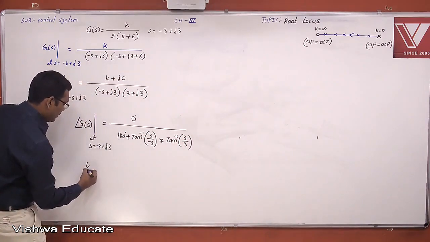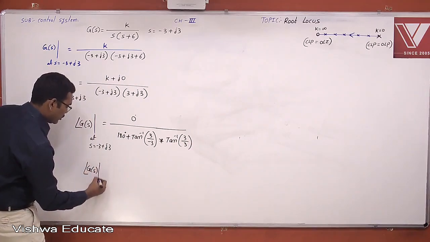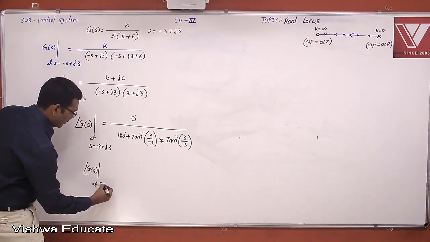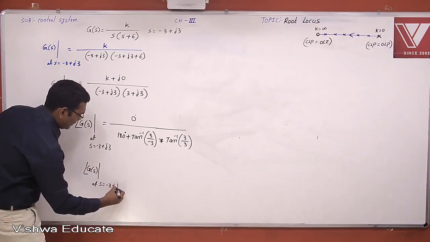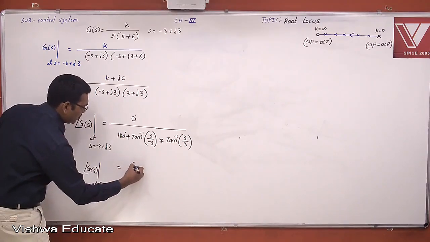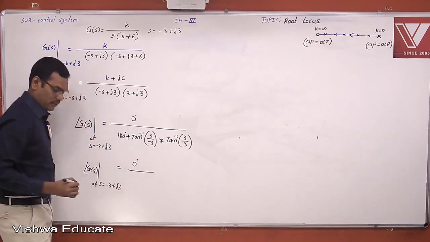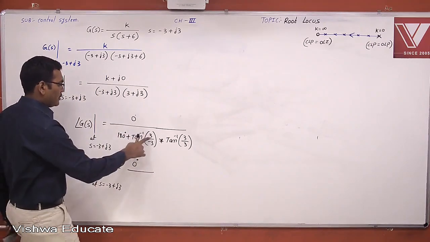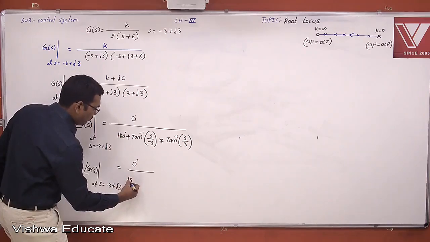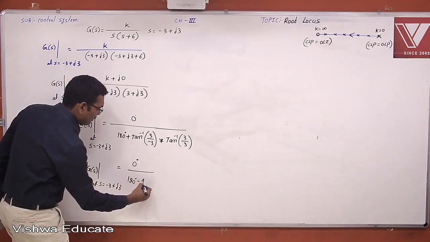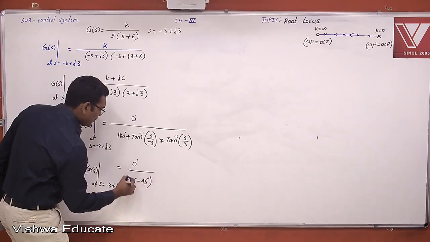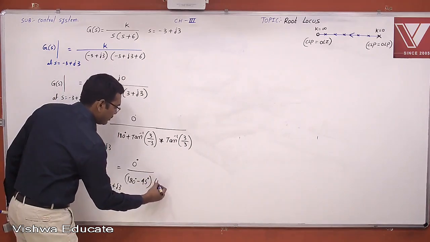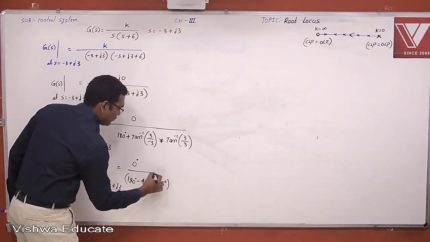Therefore, it is 0 degrees by, tan inverse 1 is 45 degrees, so 180 degrees minus 45 degrees, and the other is tan inverse 1, which is nothing but 45 degrees.